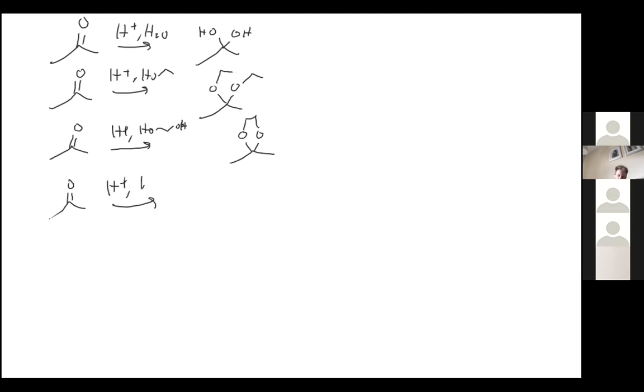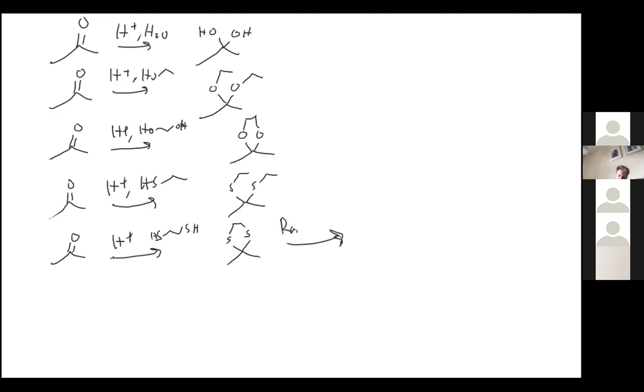H plus and thiol is going to make our thioacetal. Our dithiol can make a cyclic thioacetal, and throwing in Raney nickel can make just carbon.